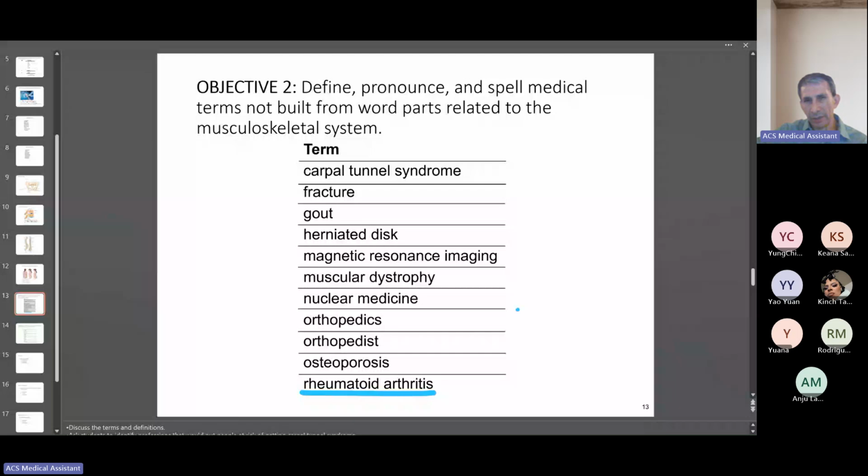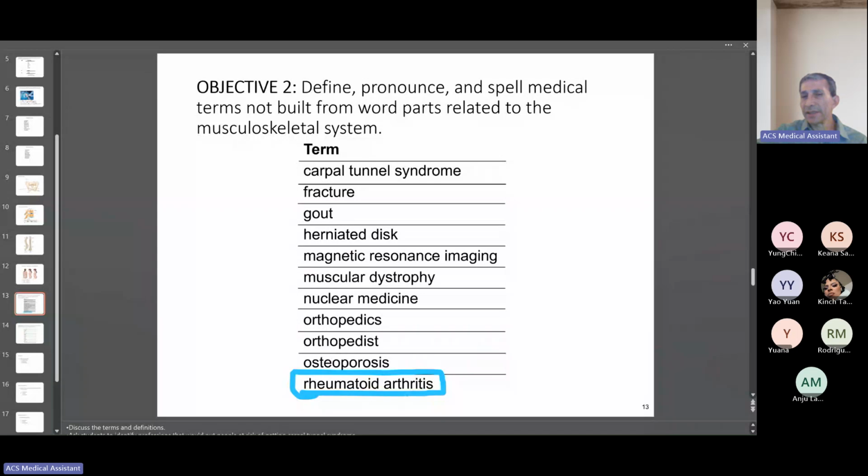We saw it before. Rheumatoid arthritis is another type of arthritis. We don't divide this. Arthritis can be divided, but rheumatoid, no. We don't divide it because these terms are not made of word parts.